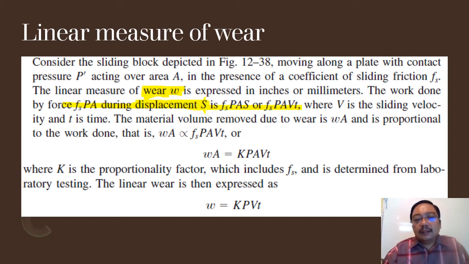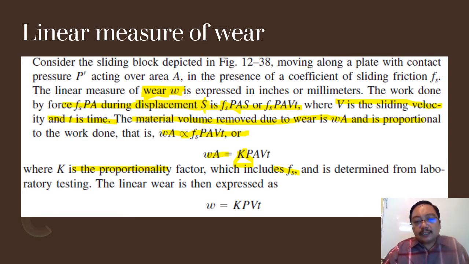So work is fs P A V t, where V is the sliding velocity and t is time. The material volume removed during wear, W A, is proportional to the work done. W A equals K fs P A V t, where K stands for the proportionality factor, which includes sliding friction and is determined from laboratory testing.